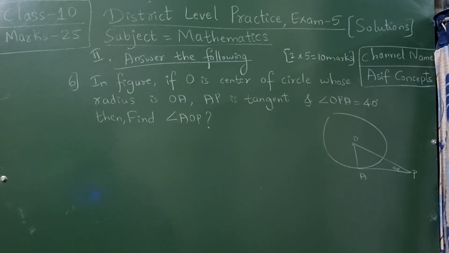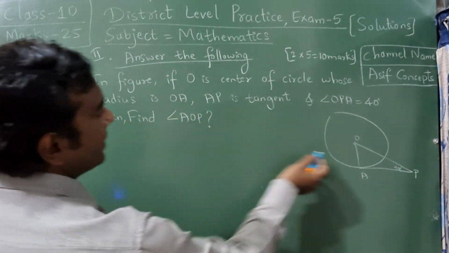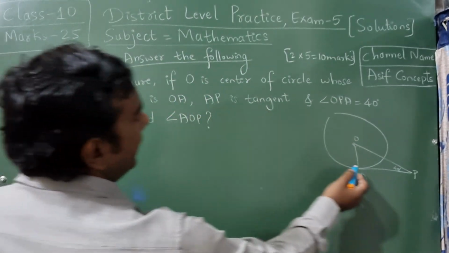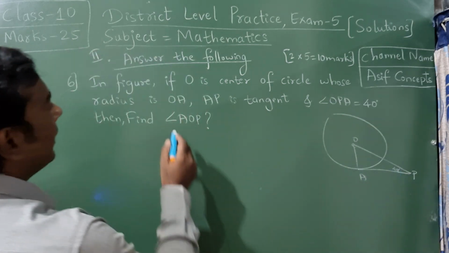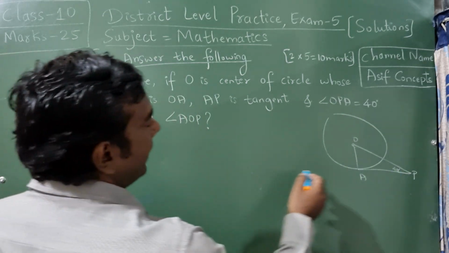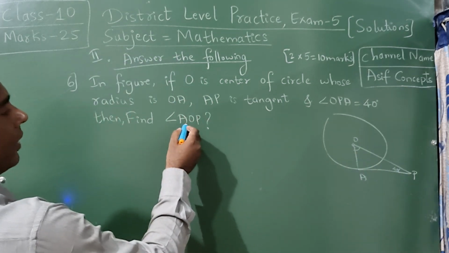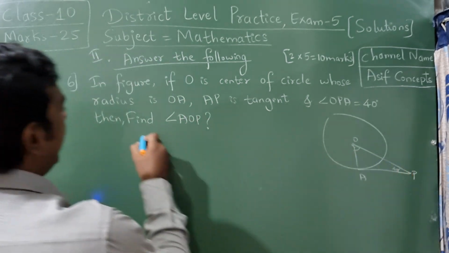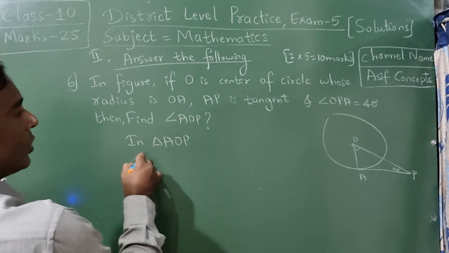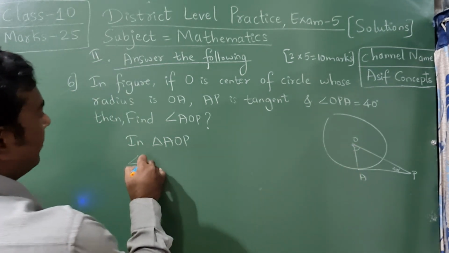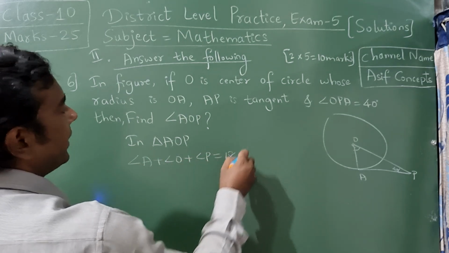Now the sixth question is in this figure if O is the center of a circle whose radius is OA, AP is a tangent and angle OPA is 40 degree. Now they are asking to find the angle AOP, that is this. Now if I consider this triangle AOP, in triangle AOP, angle A plus angle O plus angle P is equal to 180 degree.